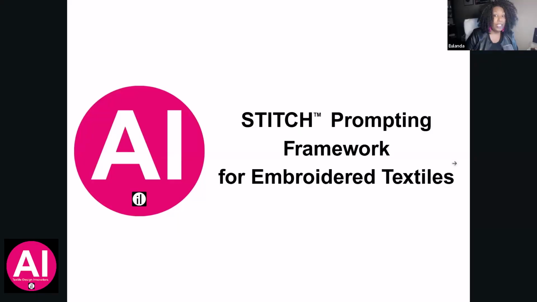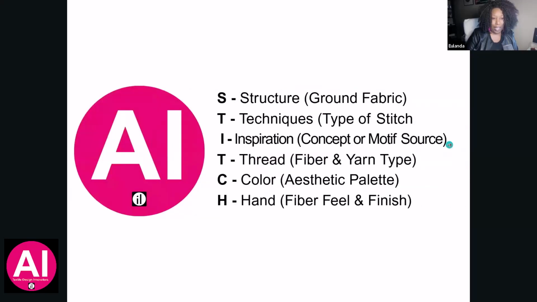This week, we have the Stitch prompting framework for embroidered textiles. This is a new framework, and each letter represents a part of the prompt that you would create. This is really for embroidered textiles.